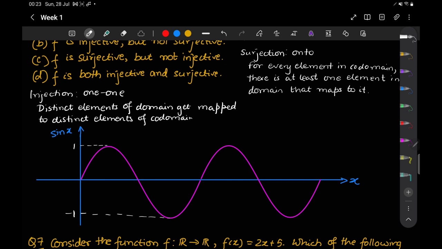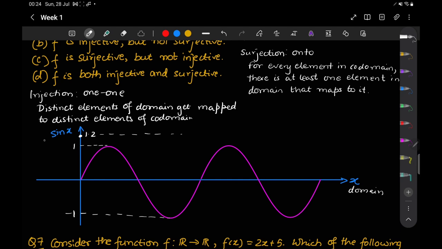Now you can clearly see that this is not a surjection, because let's say you have this particular value over here, something like 1.2 maybe. Actually there is no element in the domain, which is x over here.